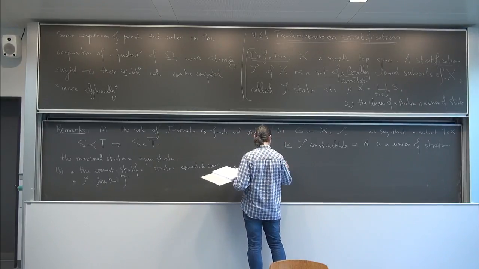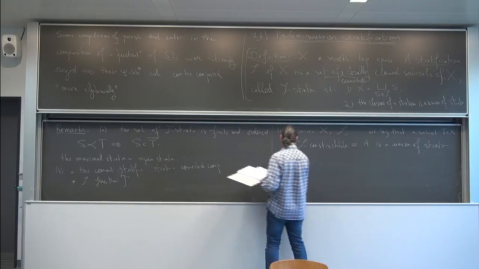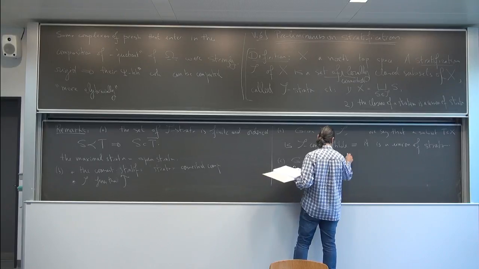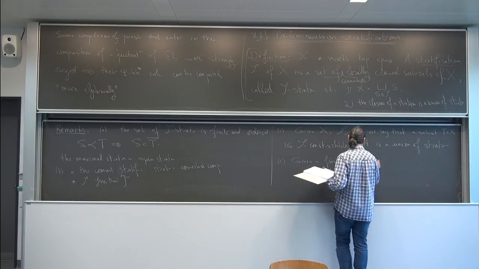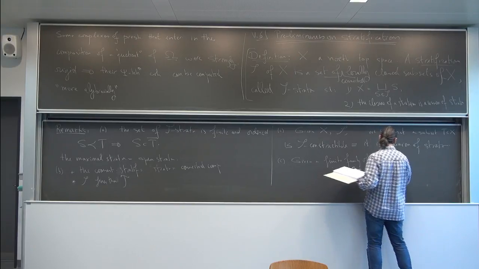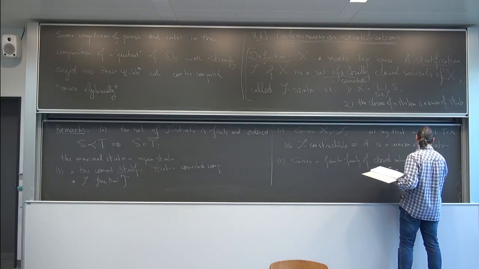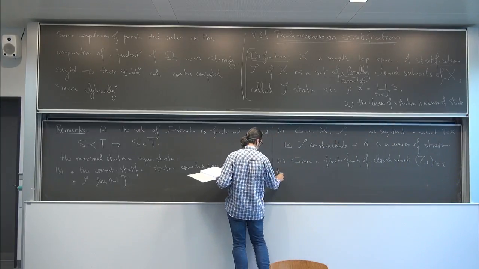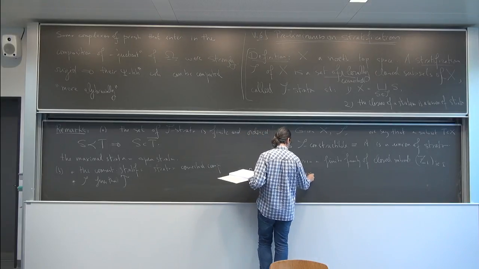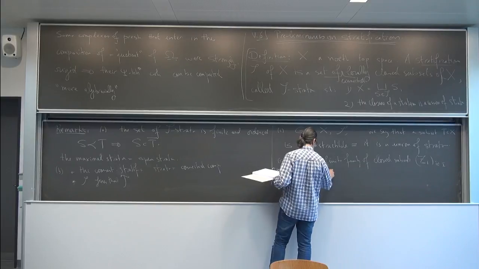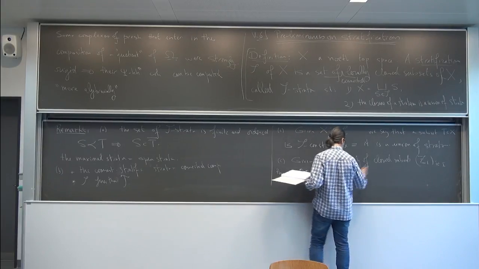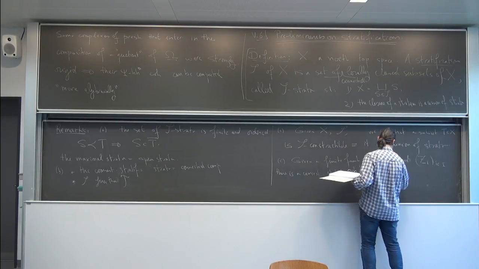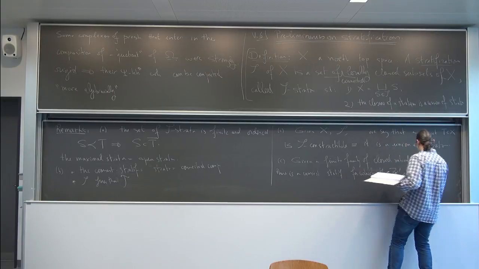Just an example, maybe, or a construction. So given a finite family of closed subsets Z_i in X, there is a coarsest stratification for which the Z_i are constructible. And we can write it down.